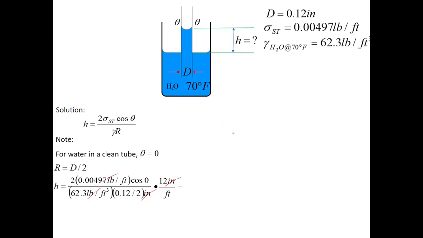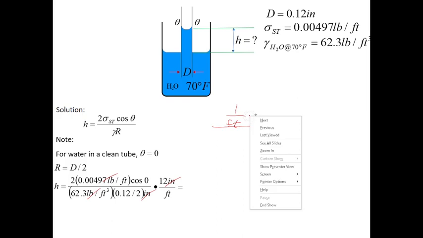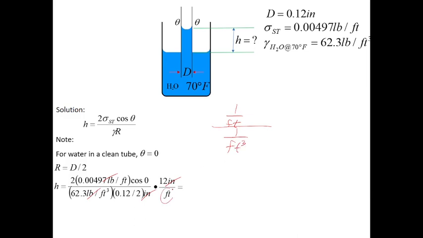Let's do the unit tricks. 1 over foot times 1 over foot, and then 1 over cubic foot, and then there is a foot here. So the unit is 1 over foot, 1 over 1 foot over feet cubed, which is 1 over foot squared.